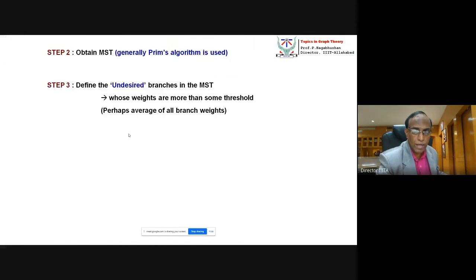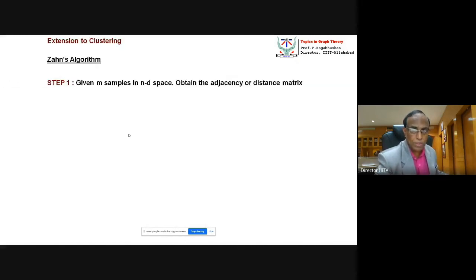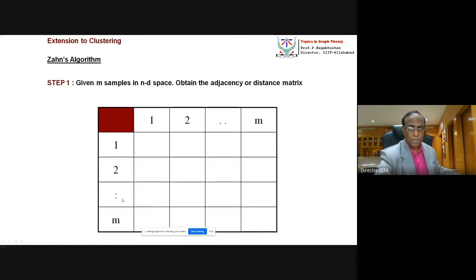So if there are a lot of samples, let us say m samples in a 2-dimensional space, let us assume 2-dimensional to make it simple, or any 3-dimensional space, then you construct a distance matrix from sample 1 to sample 1, sample 1 to sample 2, sample 1 to sample 3, sample 1 to sample m, then 2 to 1, 2 to 2, etc. Naturally this distance matrix is an adjacency matrix.